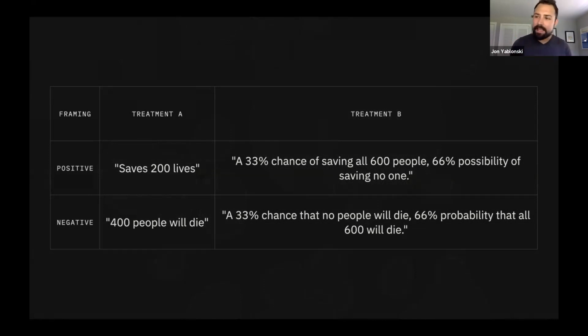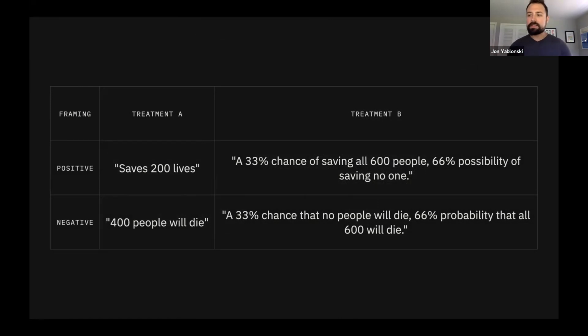So treatment A was predicted to result in 400 deaths if it was administered, whereas treatment B had a 33% chance that no one would die, but a 66% chance that everyone would die. So, much more dire situation.